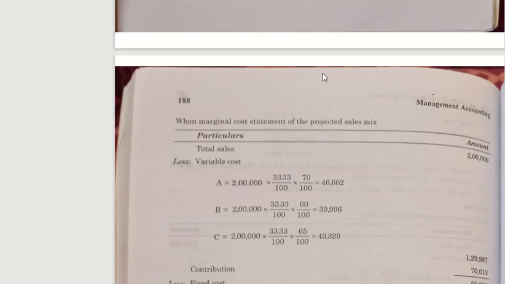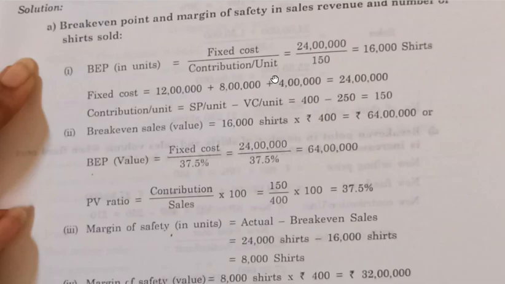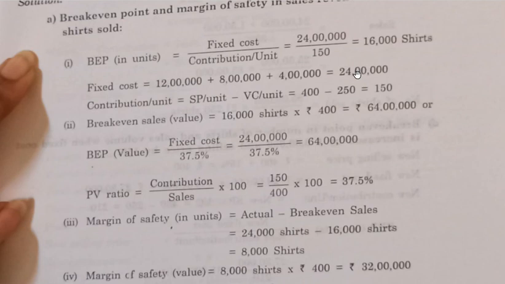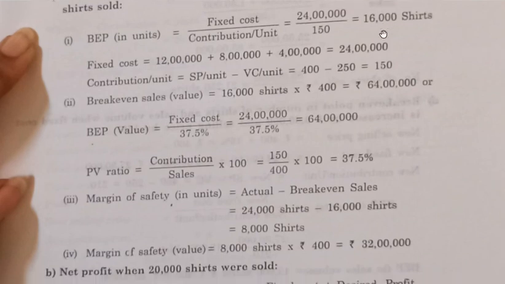How did you get this 150? 400 is your selling price minus 250, so the balance is 150. So what is your BEP? 16,000 shirts. Fixed cost is 12 lakhs plus 8 lakhs plus 4 lakhs, which is 24 lakhs. Contribution per unit is selling price per unit minus variable cost per unit, which is 400 minus 250, which is 150. So if you do this, you get 16,000 shirts.